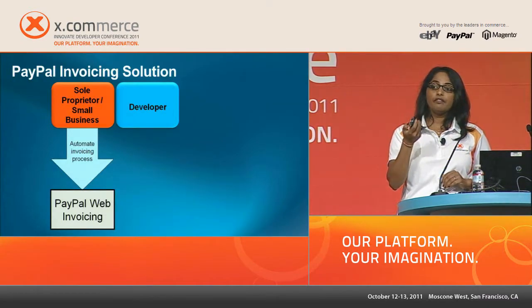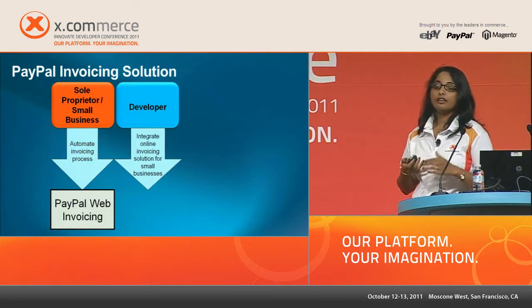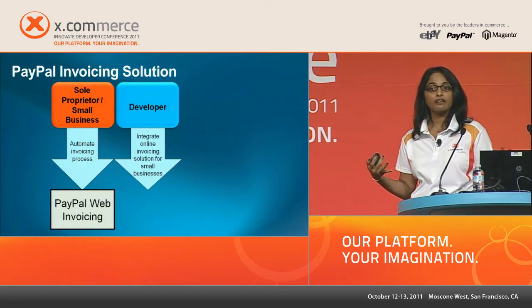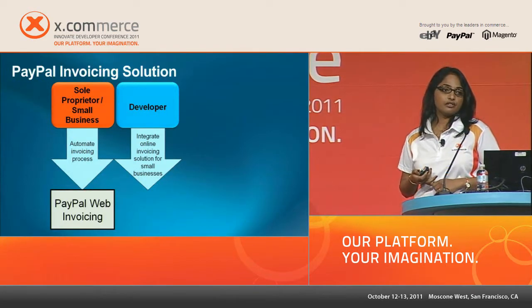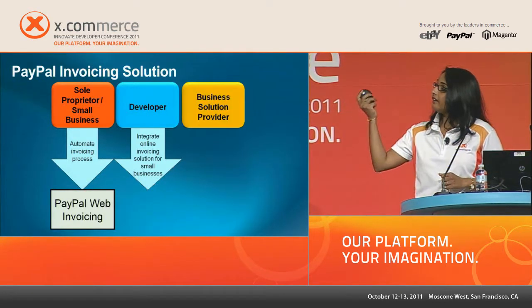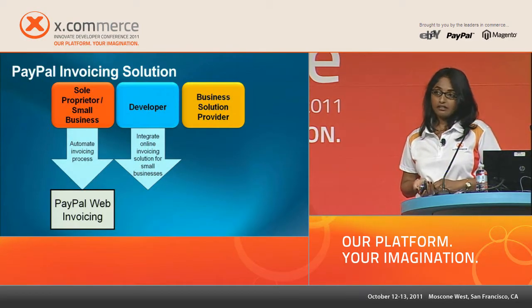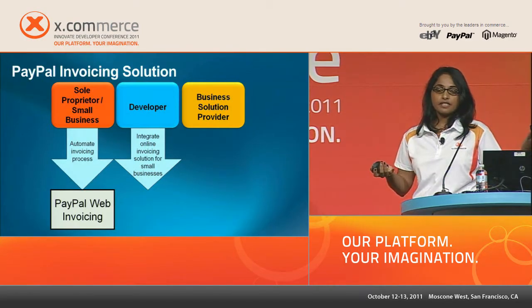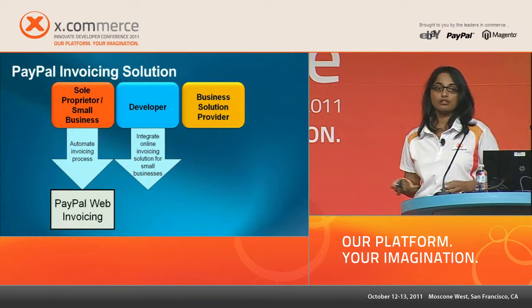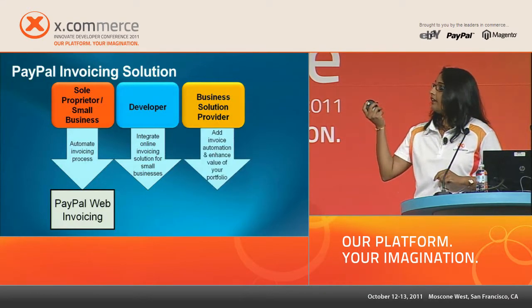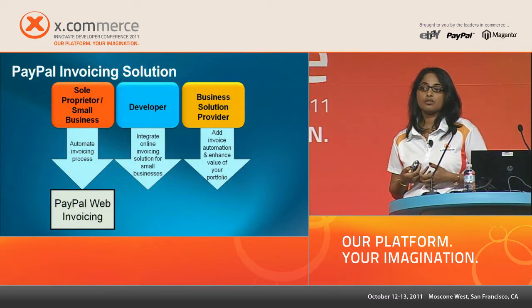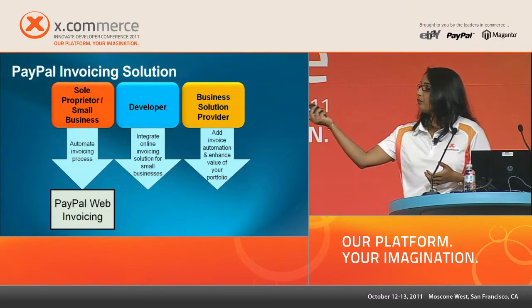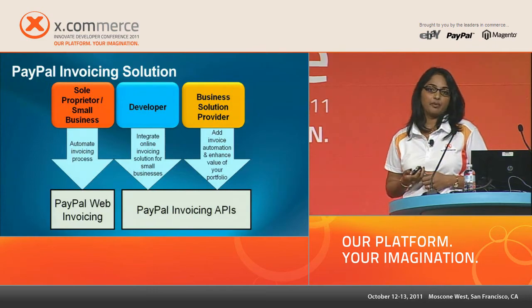But if you're a developer and you're looking for tools to integrate automatically, then you can offer solutions to small businesses. And if you're a business solution provider who is offering different sets of adjacent solutions in the market, then you can add invoicing as a value-added service to the solutions that you offer using the PayPal invoicing APIs.